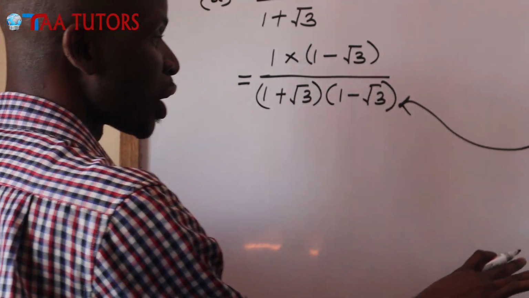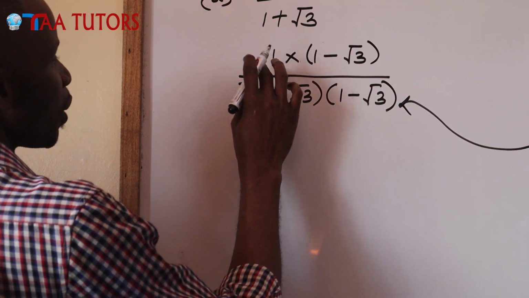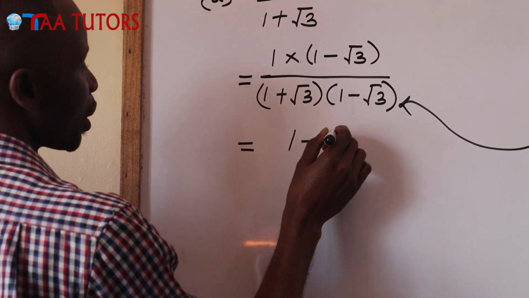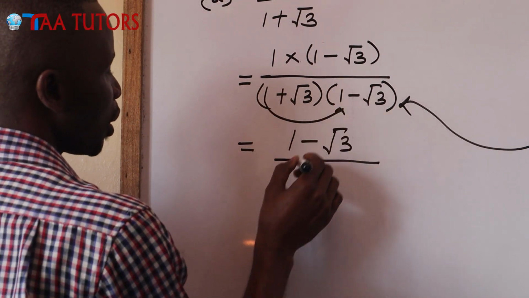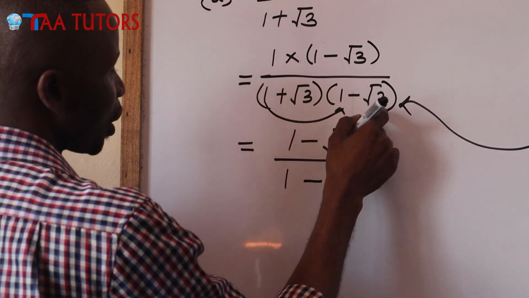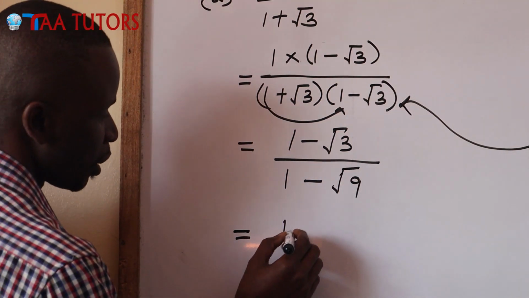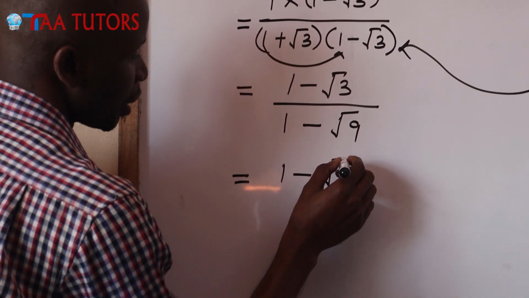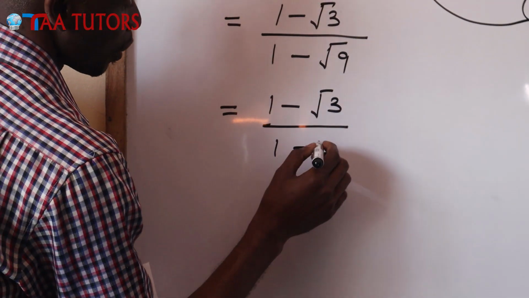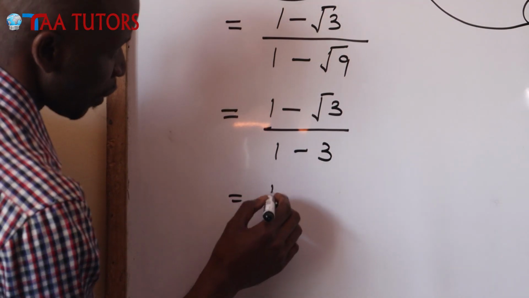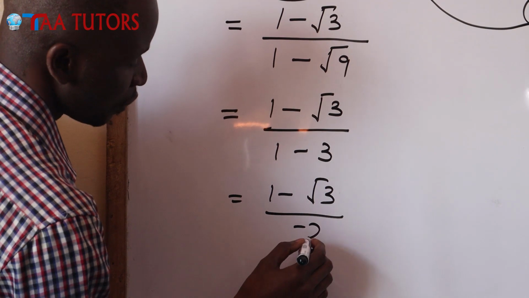Using the quadratic identities that you learned in Form 3, we can bring this one forth by saying 1 times 1 is 1, minus surd 3 over 1 times 1 will be 1 minus surd 3 times surd 3 is surd 9. So we'll say 1 minus surd 3 divided by 1, surd 9 is 3, so 1 minus 3 gives us 1 minus surd 3 over negative 2.